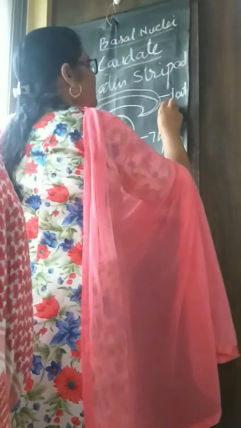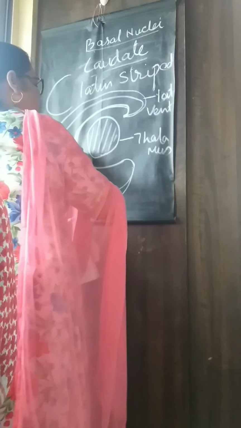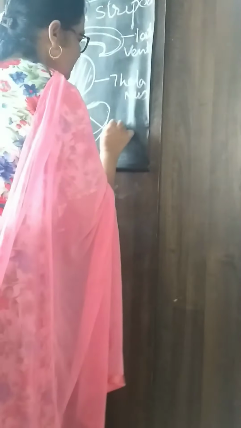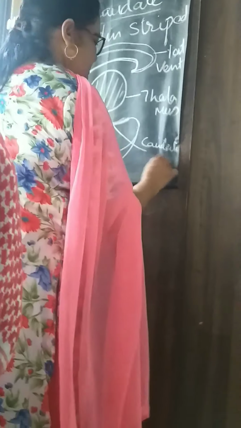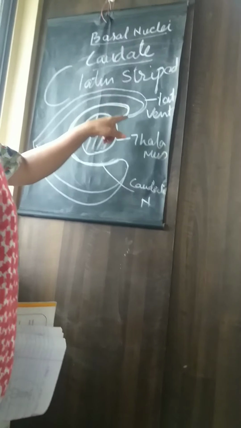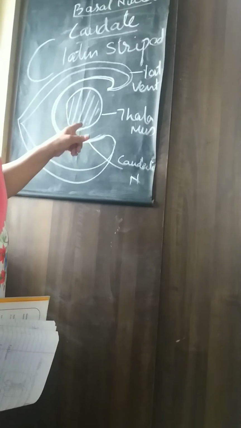Okay? So this is how the structures are present. This is the lateral ventricle, and this C which you see over here is the caudate nucleus. So the caudate nucleus is situated within the concavity of the lateral ventricle.